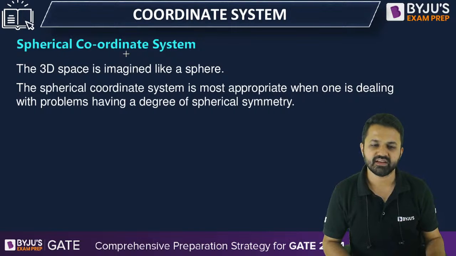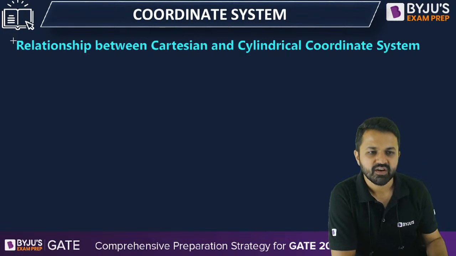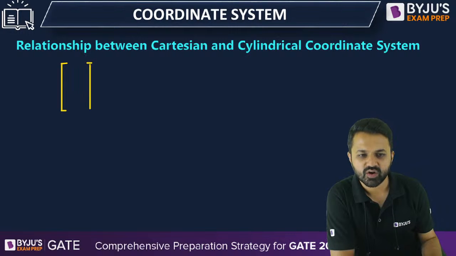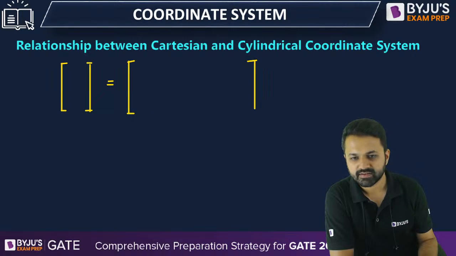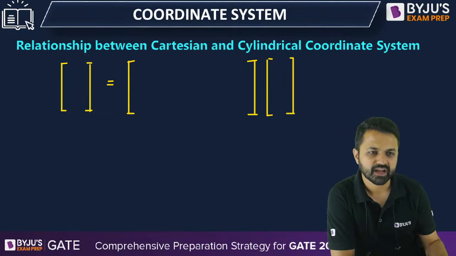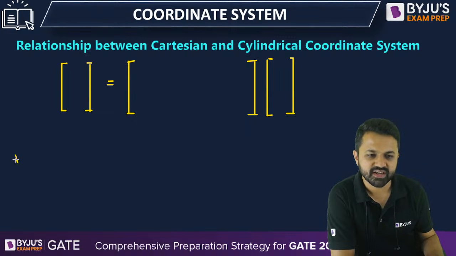And then coming to the spherical, before going into the spherical coordinate system, what you can do is you can also convert the vector which is given in the cylindrical coordinate system, and you can write the vectors in the Cartesian coordinate system. So to write the vector, what you need?